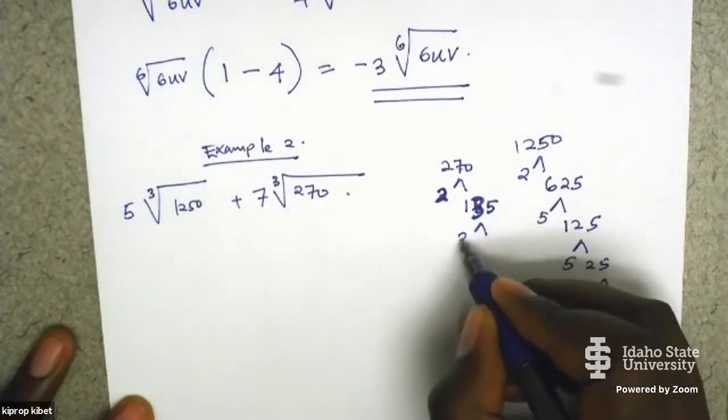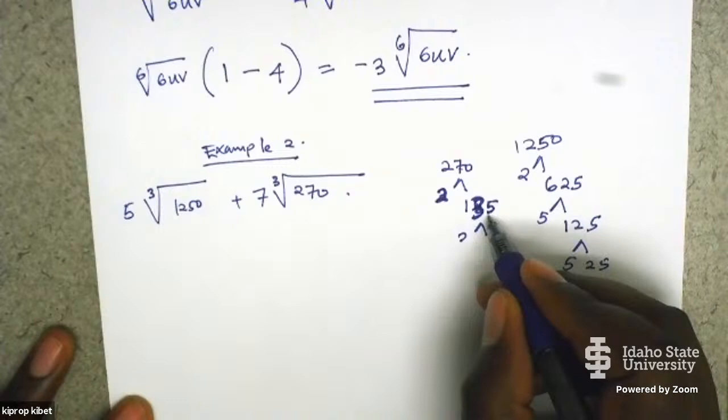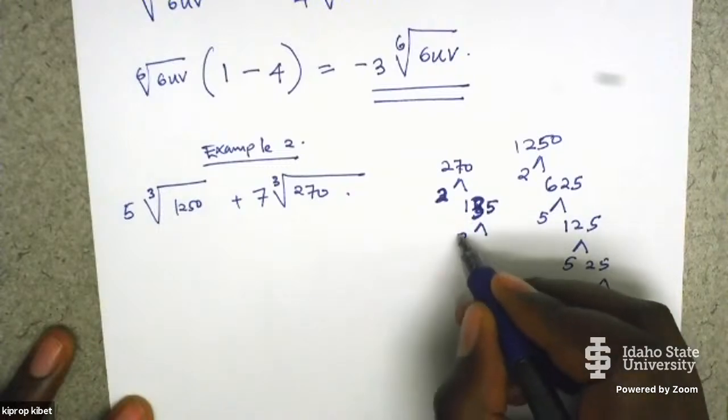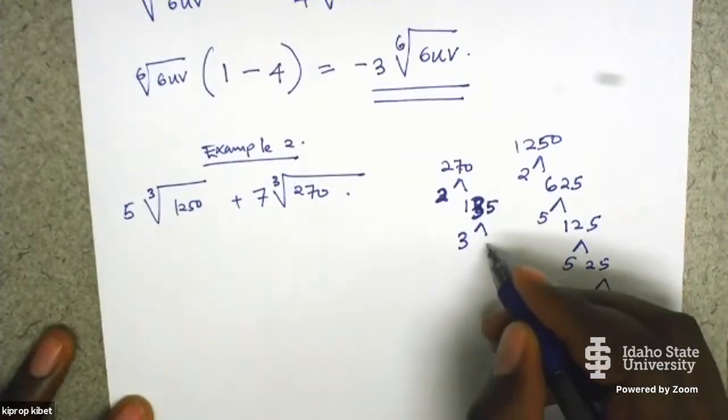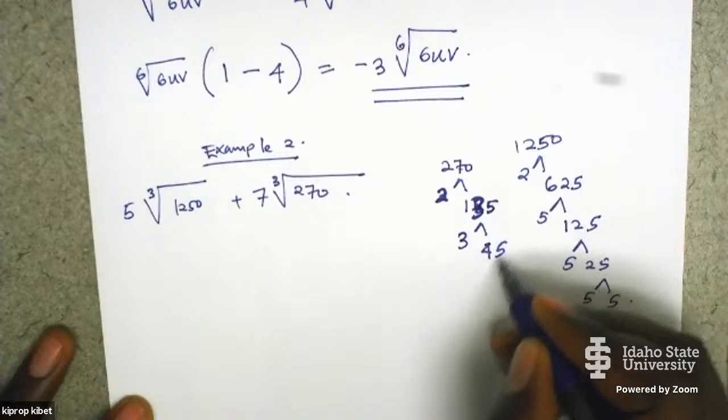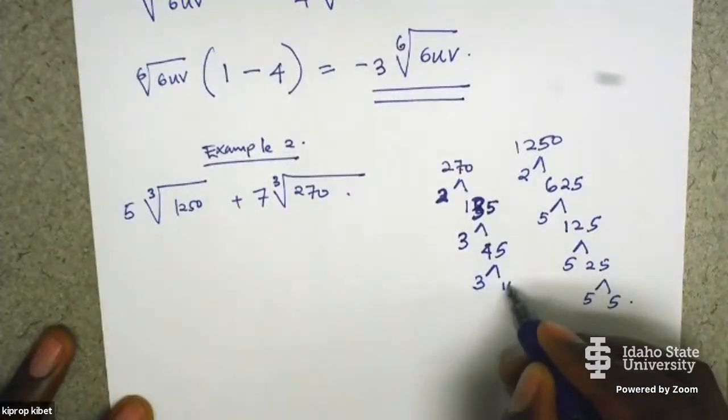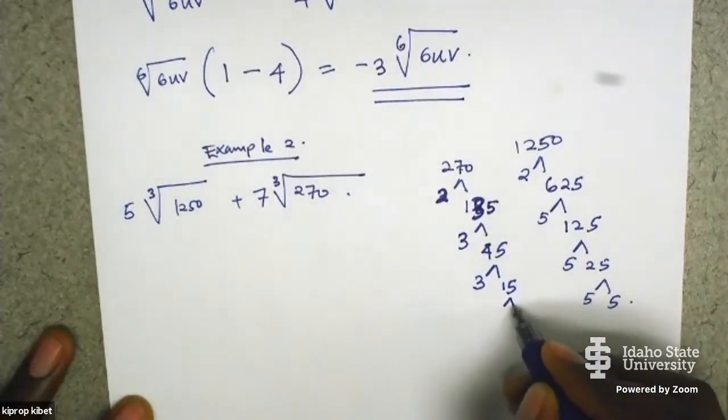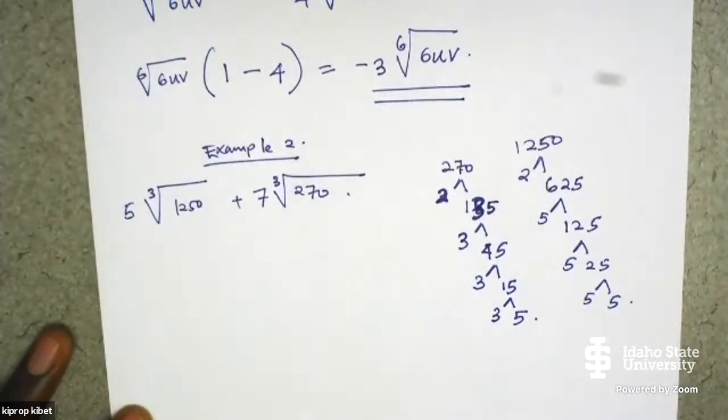And then, can it divide by 3? Yeah. 3 times what? This one is 45. And then 3 times 15. And then also 3 times 5.